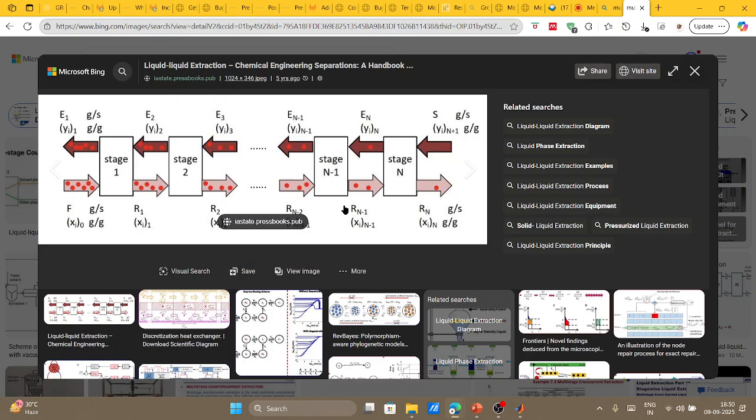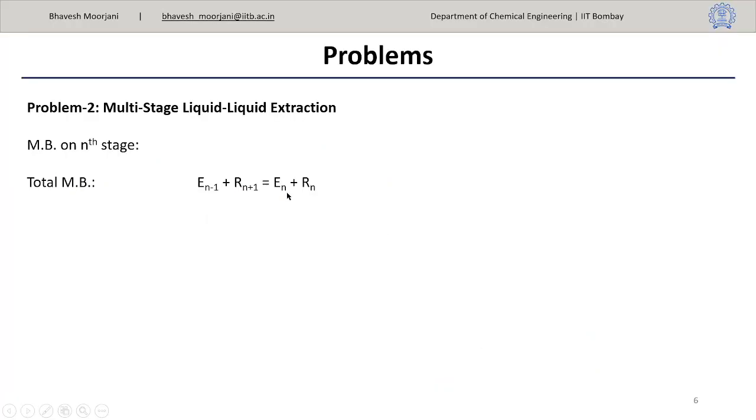If I consider this example, extract is coming from the end stage, raffinate is n minus 2. Sorry, here the notations are different. So for the n stage, let's consider the n minus 1 stage. So your output stream is En minus 1 and Rn minus 1. Similarly here my output stream is En and Rn. So that is on the right hand side.